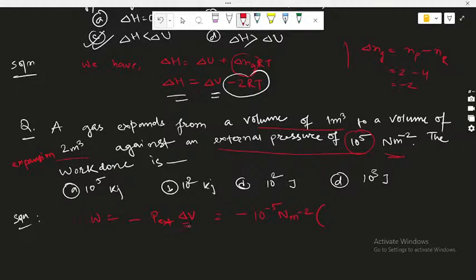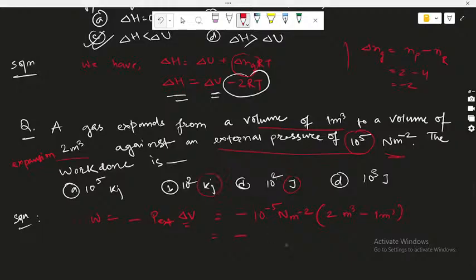So P external is 10 to the power 5 Newton per meter square. Delta V is the change in volume, which is final volume, 2 meter cube, minus 1 meter cube. Don't get confused why I am writing the units; it will help us find the unit, because the unit is joule or kilojoule.